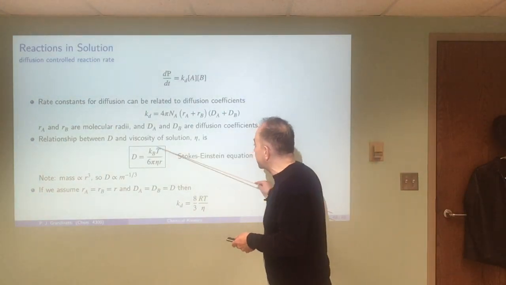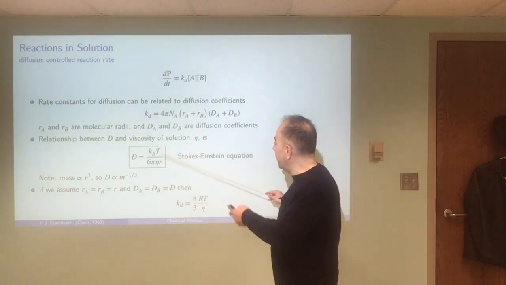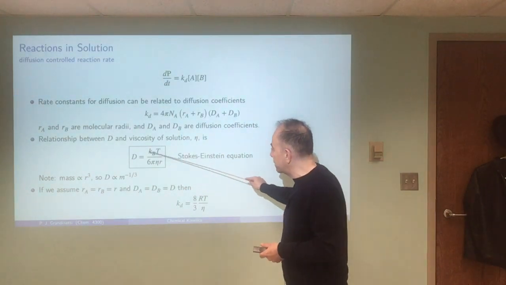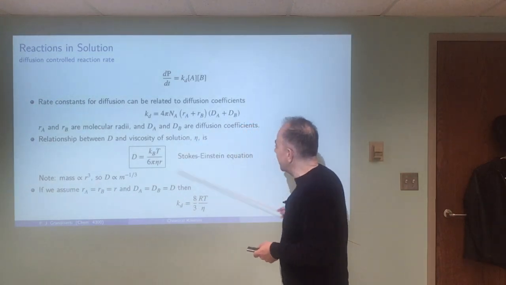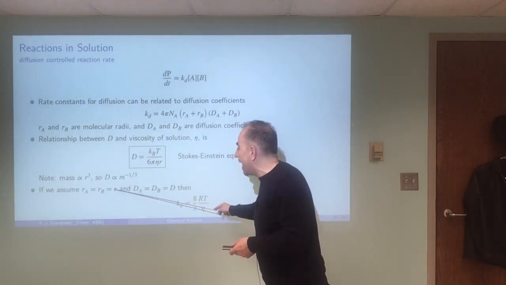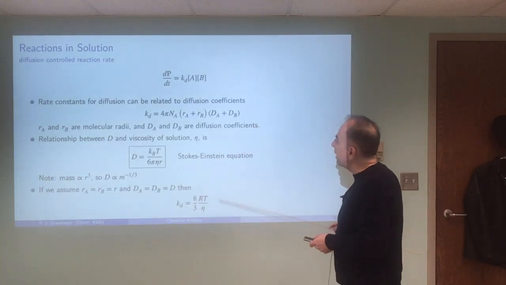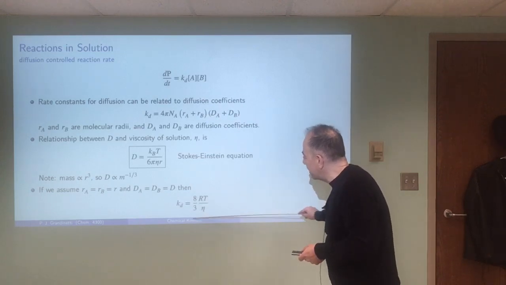We expect this to get smaller as the mass of the molecule increases. As the mass increases, the radius of the molecule increases, and so D gets smaller. But let's assume, for argument's sake, that both our reactant molecules have the same size and the same diffusion coefficient. In that case, all of this simplifies down to just this expression here.